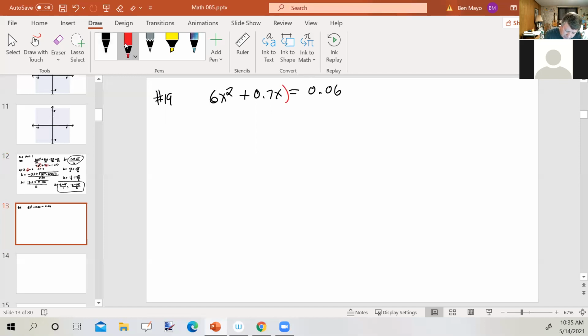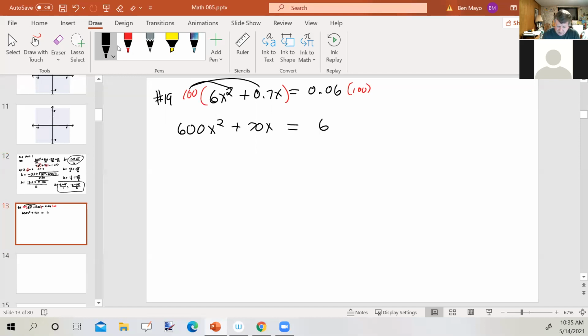We'll multiply everybody by 100. On the left side, we get 600x squared plus 70x equals 6. I'm going to subtract 6 from both sides of the equation. 600x squared plus 70x minus 6 equals 0.